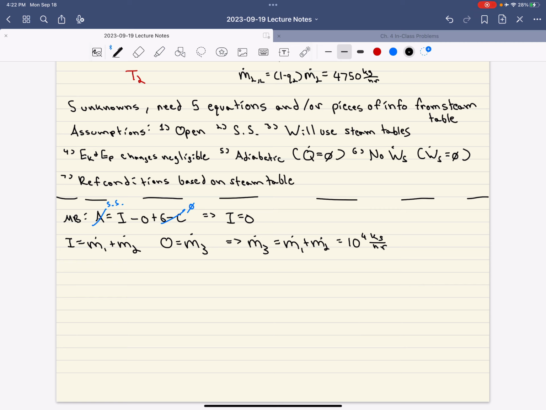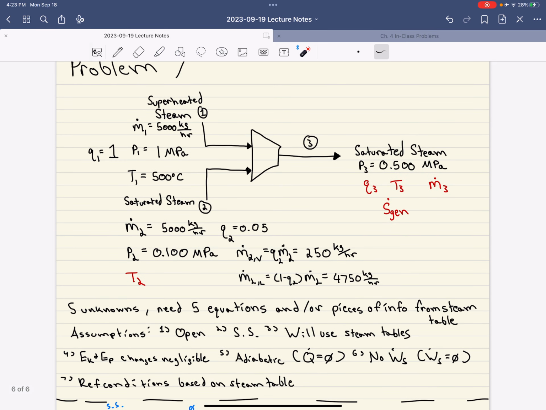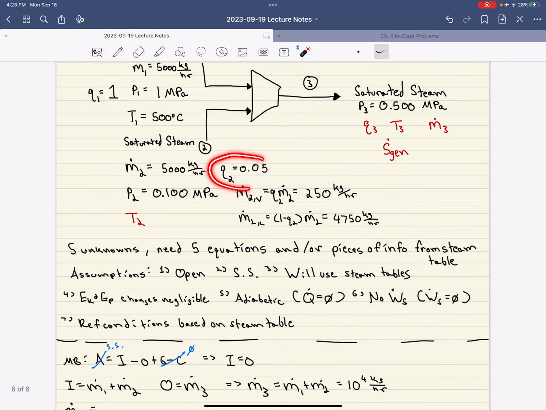But what's a little bit more useful here is to actually consider the mass flow rates of the vapor and liquid components in each of the streams. If we go back up here, we know that stream 1 is superheated. What that means is it's entirely in the vapor phase, so its mass quality is equal to 1. So this entire stream 1 is in the vapor phase. For stream 2, however, we're told that the mass quality is this value here.